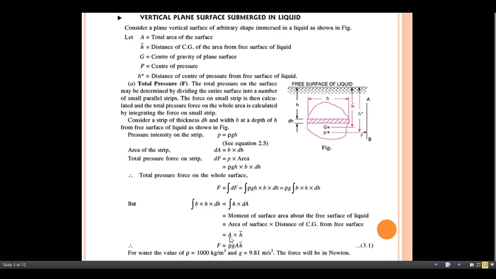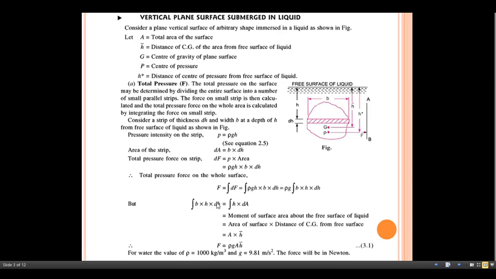The value is rho g A, this term, and then multiplied by h bar. Here, this is A multiplied by h bar.